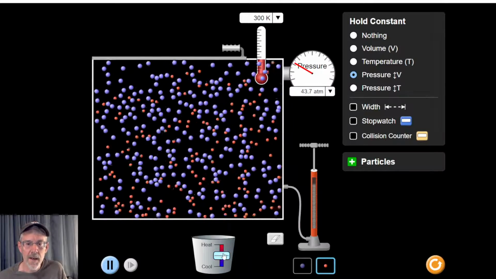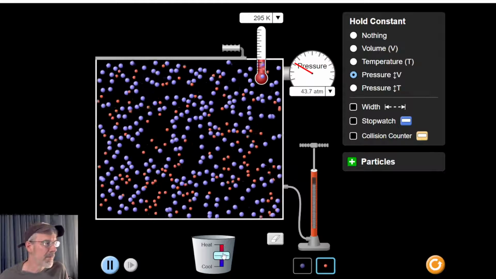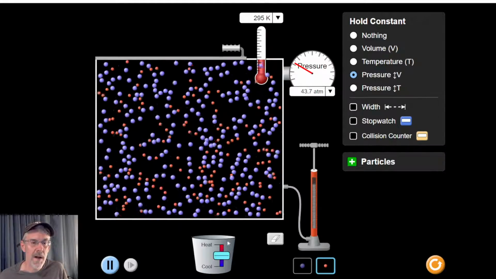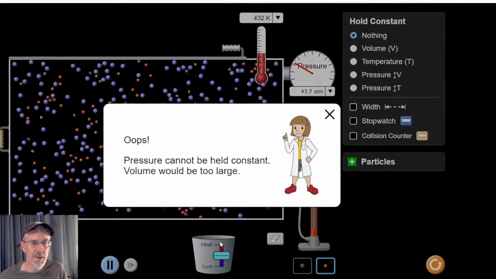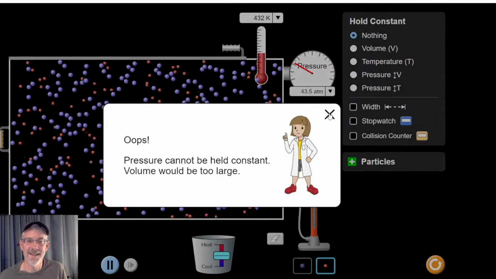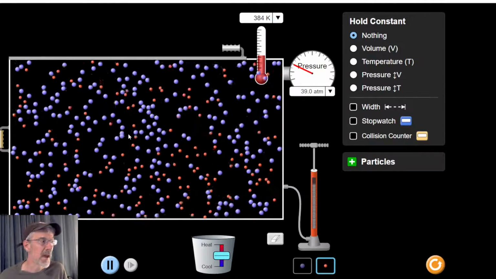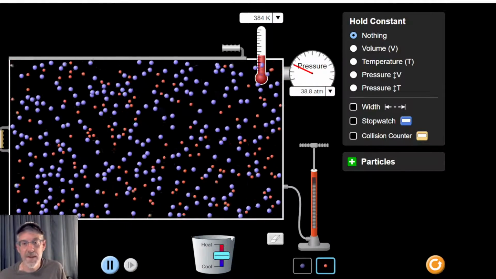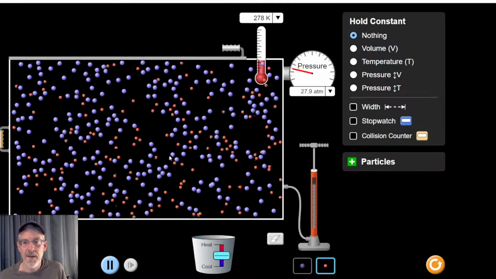But what if I heat it up? Oh, that's changing the volume, right. So if I heat it up, the molecules move faster and they'll push on the sides more. Oops, doesn't like that. So as you heat it up, the volume expands. So as we cool it down, I think we broke it.